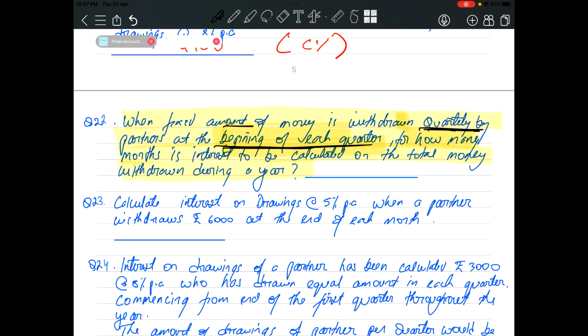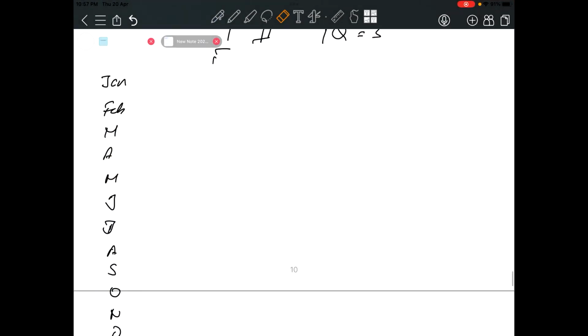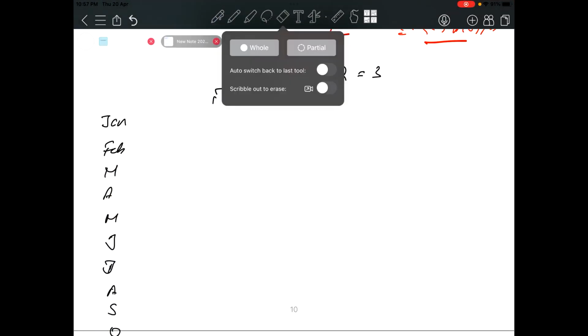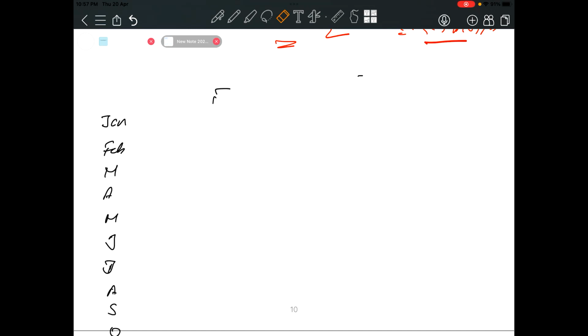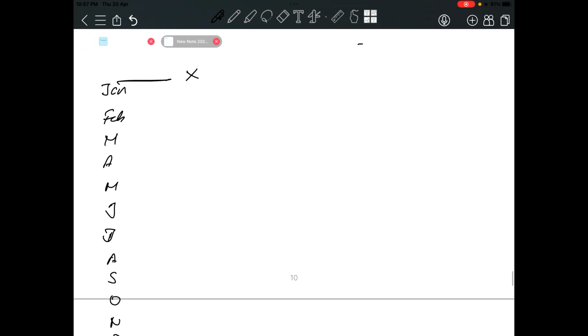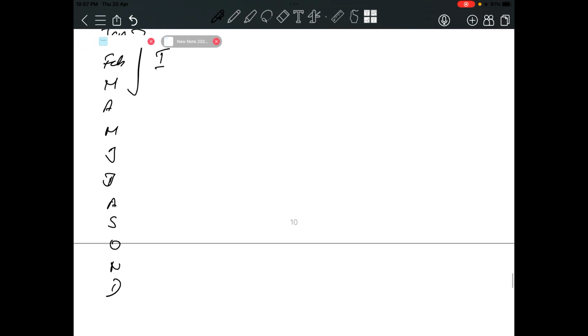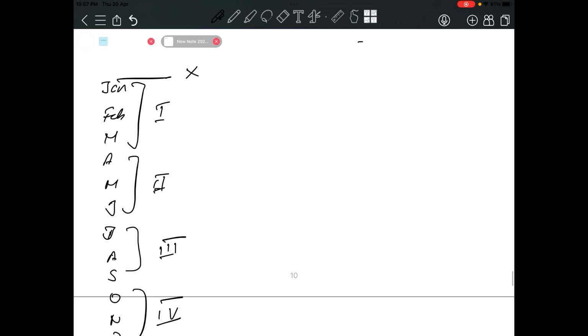At the beginning of the first quarter, which is 1st Jan. So here we have withdrawn some amount, say X, as the amount is not mentioned. This will be the first quarter, this the second, this the third and this the fourth quarter.